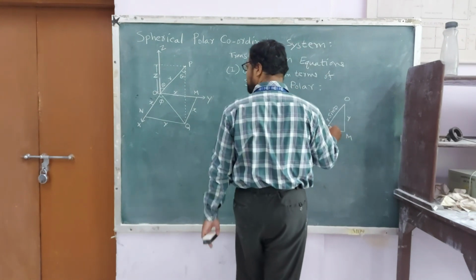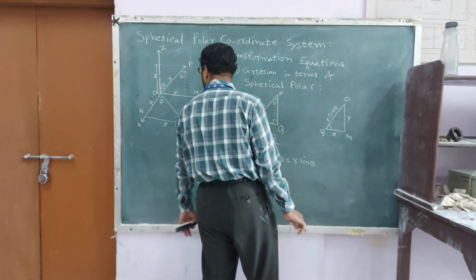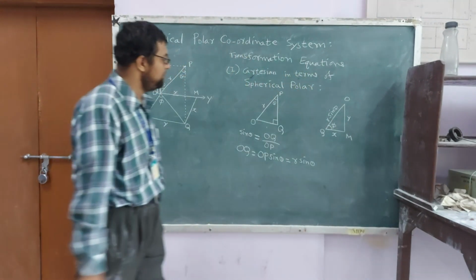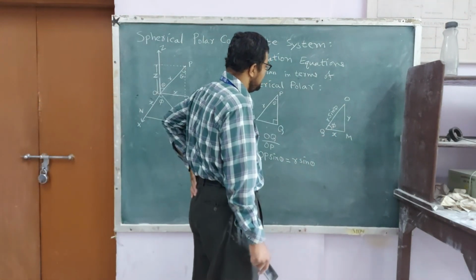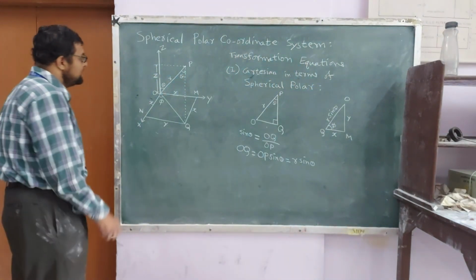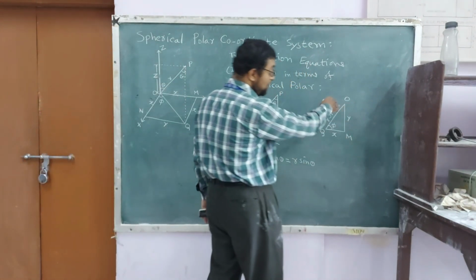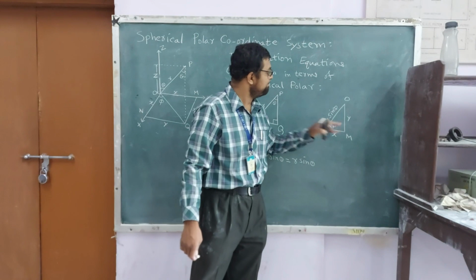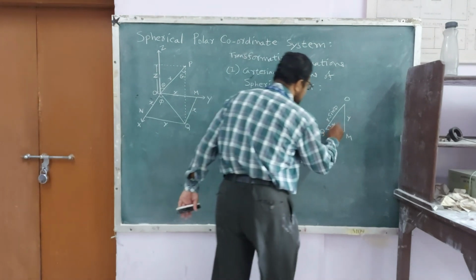And therefore this angle OQM should be phi. Because the sum of these three angles should be 180 degrees. This is of course 90, so this is phi, this is 90 minus phi. So phi will get cancelled and 90 plus 90 will be 180 degrees. So this is again phi here now.